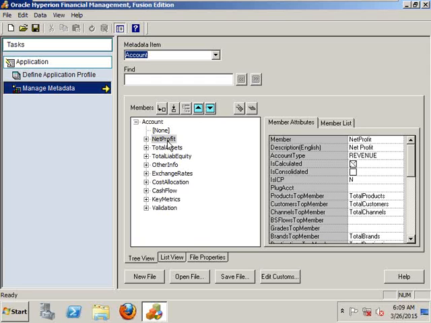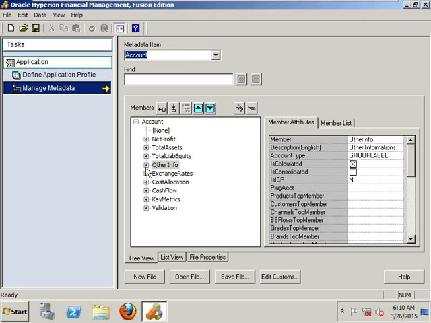Here we are maintaining some different hierarchies. One is net profit, to know the financial position and net profit of the organization. This is nothing but what we call the income statement, and total assets and total liabilities. These two come under the balance sheet. So total assets equals total liabilities; both should be equal.